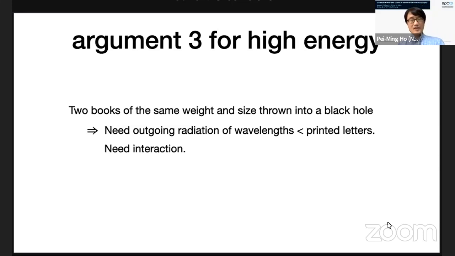However, if the curvature radius of this neighborhood is much larger than the size of the printed letters, then you cannot tell the difference between the two books. So if there are no high energy particles around the horizon, you can't tell the difference between different objects falling in as long as they have the same gravitational effect.